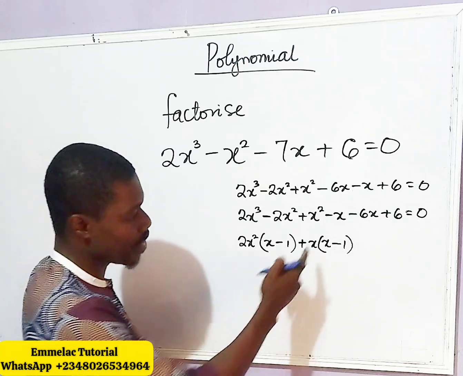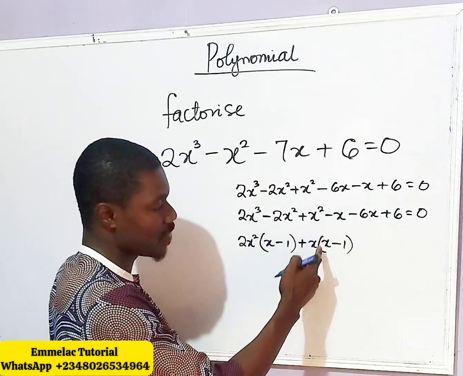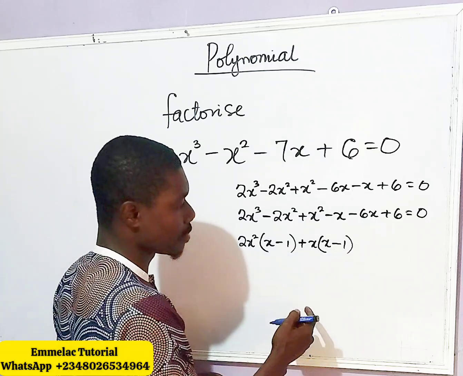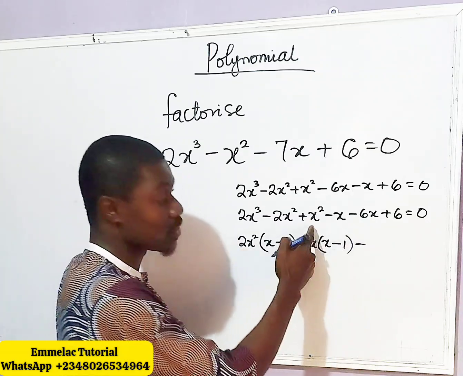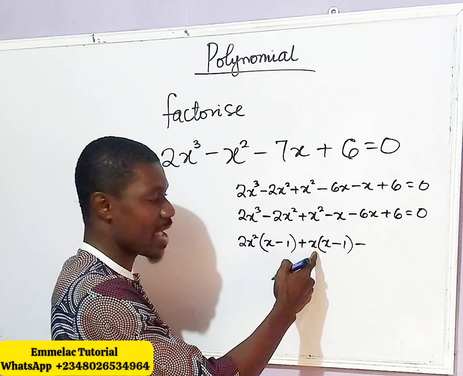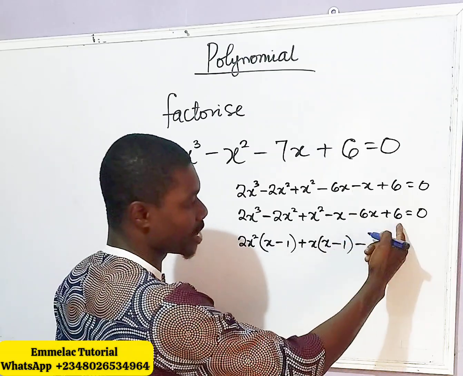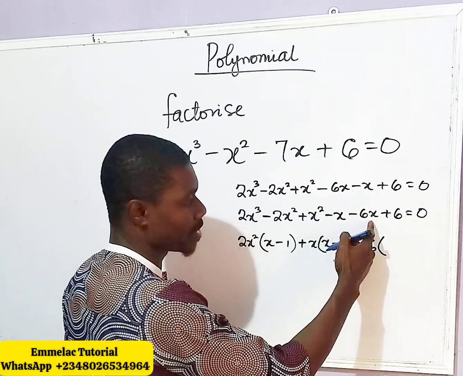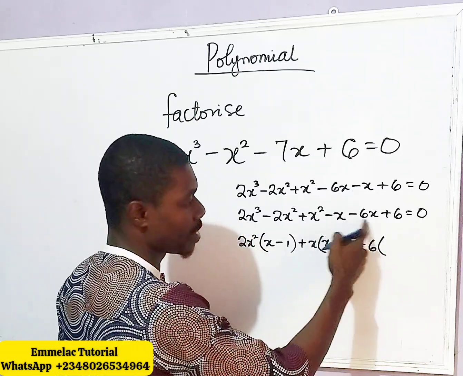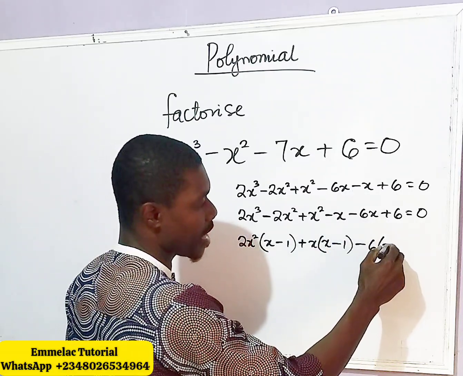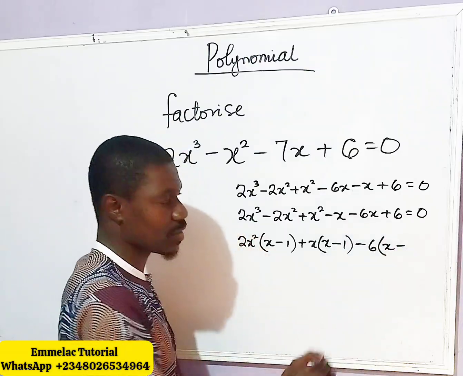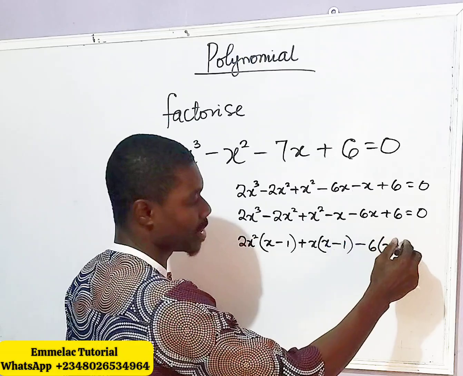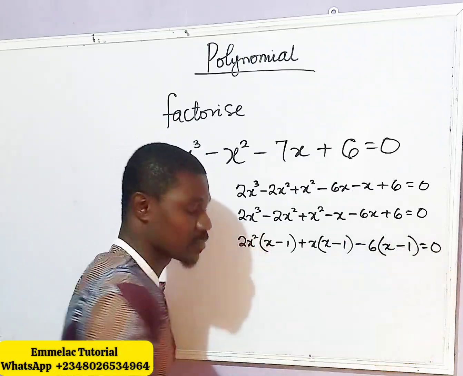Because when you factor out x here, x squared divided by x will give us x, and the negative x divided by x will give us 1. So in this case, we factor out 6: 6x divided by 6 gives x, then we have our minus, because this minus will definitely affect the plus sign, then 6 divided by 6 will give us 1, all equals 0.